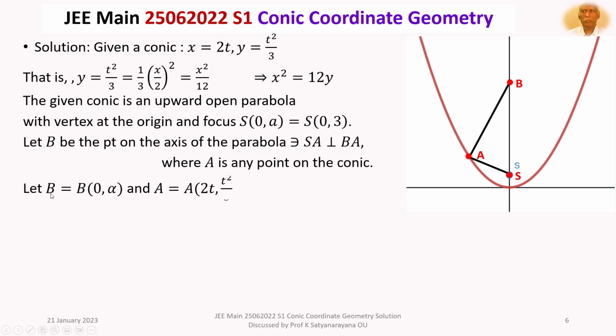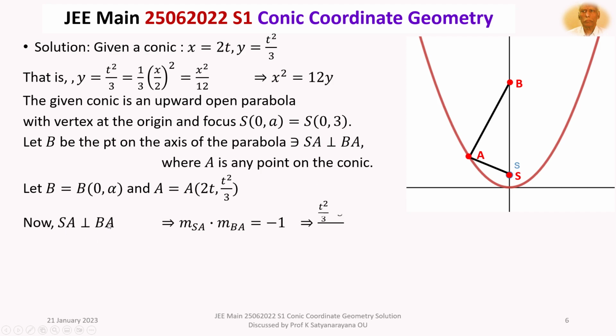So B has coordinates 0, comma alpha, and A is any point on the conic. That means it is x, comma y, where x is 2t, y is equal to t square by 3. So the coordinates are this. In this, the alpha is unknown. To find that one, we will use this SA perpendicular to BA.